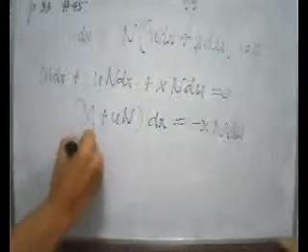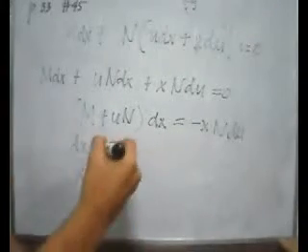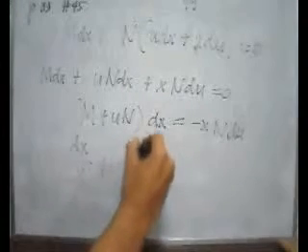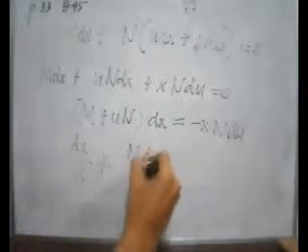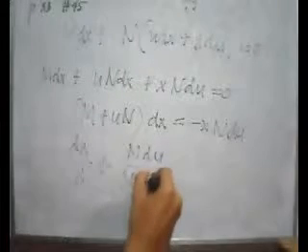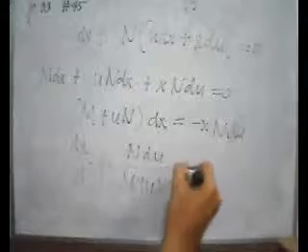If I separate variables and group them together, I should get dx over x plus N du over M plus uN equals 0.